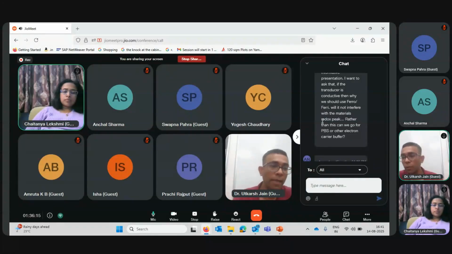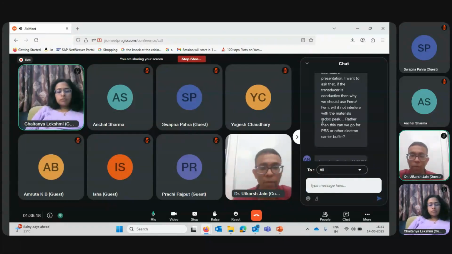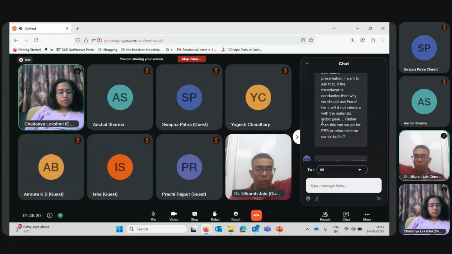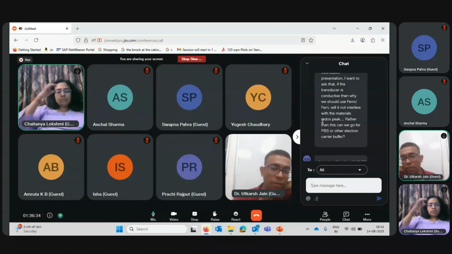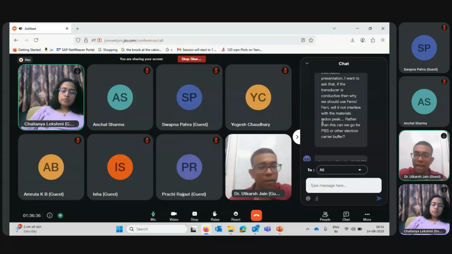I can tell you why we use ferro/ferri: because we really need a high threshold value. But you can, of course, go to PBS, and I would recommend going to PBS and other buffer solutions, because again, ferro/ferri is an electroactive component, and it's not that much recommended when you're optimizing things.